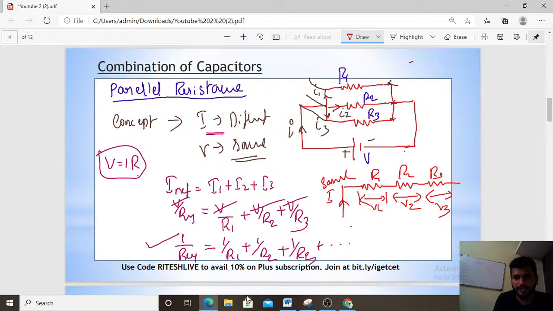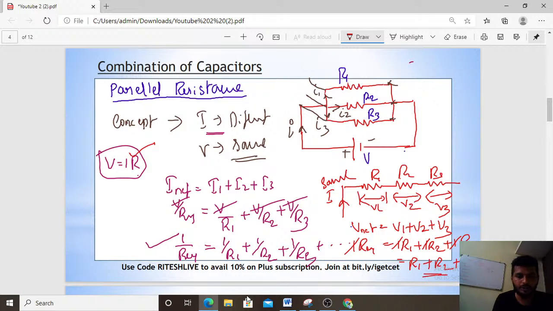So I can write V net is equal to V1 plus V2 plus V3. Then substitute this equation, that is I into R equivalent is equal to I into R1 plus I into R2. Why I? Because current will be same, plus I into R3. So I get cancelled all over. Remaining is R equivalent is equal to R1 plus R2 plus R3.